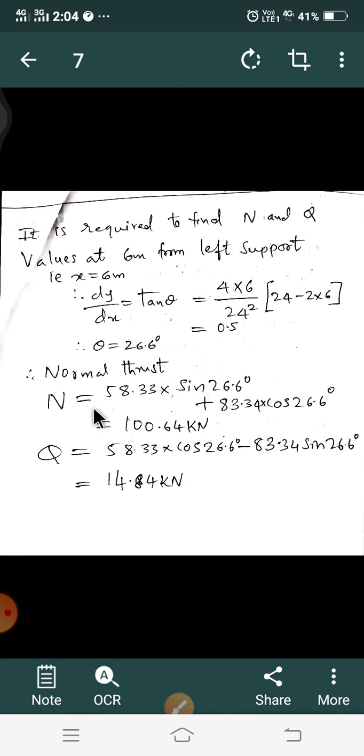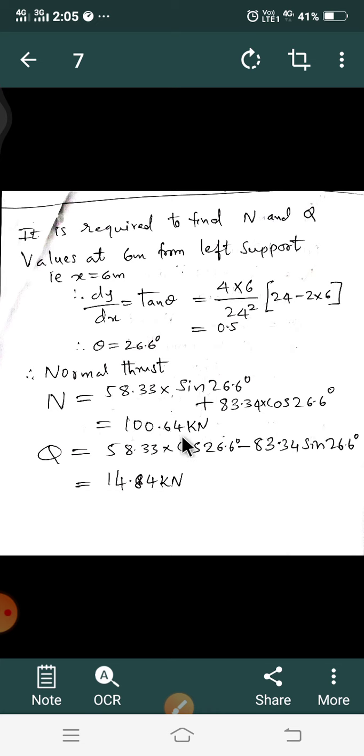Now I am going to use this formula for the N value. So N is 58.33 into sin of 26.6. The tan theta we got as 0.5, so the inverse of that is 26.6, that is theta, plus 83.34 into cos of 26.6.